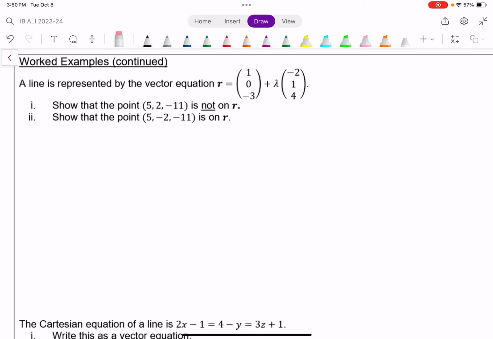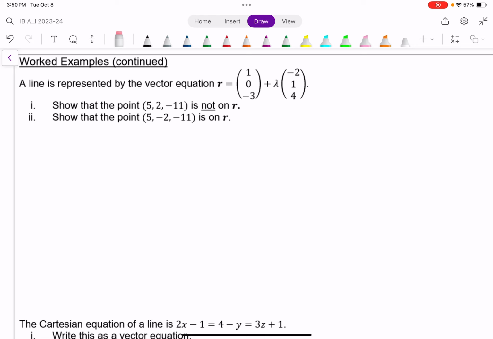Well, one way is to write this equation in Cartesian form, which is a nice way for substituting x, y, and z, because each of these are x's, y's, and z's. First let's write it in parametric form.